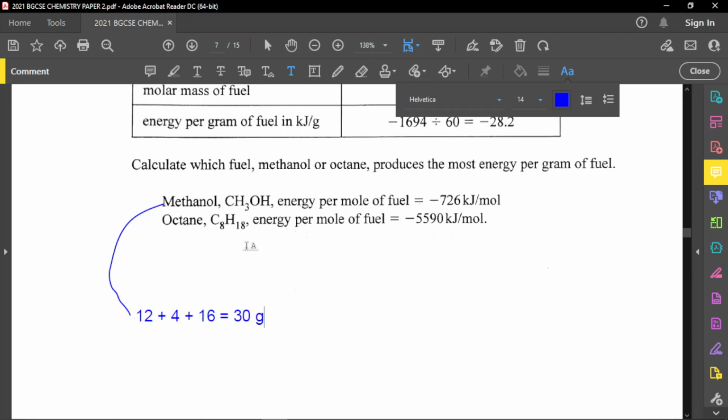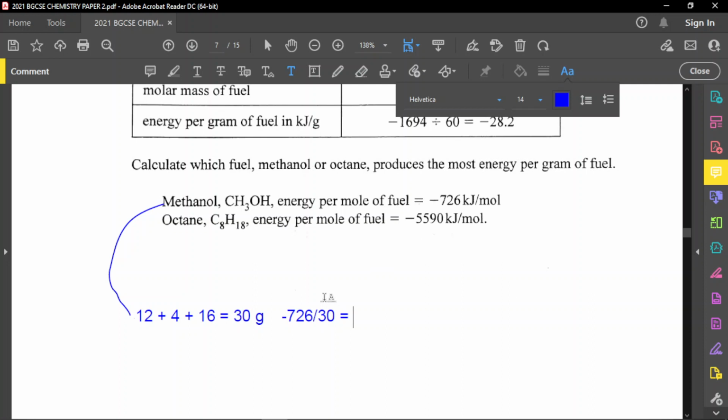What we're going to do now is to divide the kilojoules per mole, which is minus 726, so we're going to divide negative 726 kilojoules per mole by the molar mass.